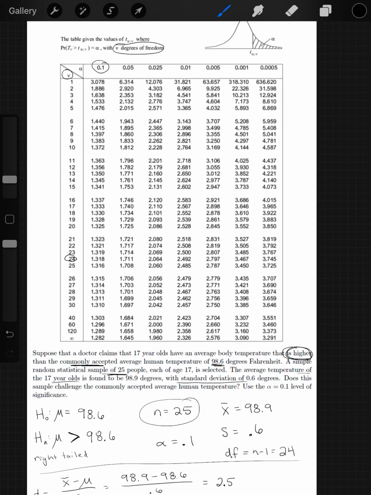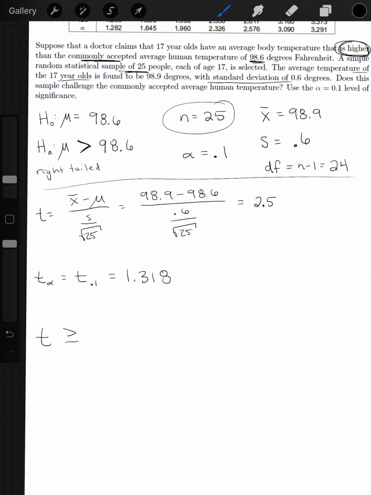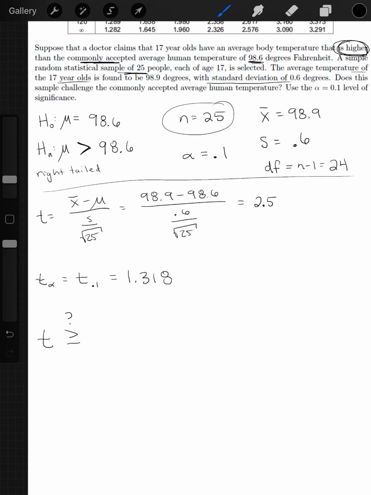Our alpha is 0.1, so we go down from 0.1 and over from 24, and we get 1.318. Right, and our rejection region was to check whether T was greater than or equal to T sub alpha.